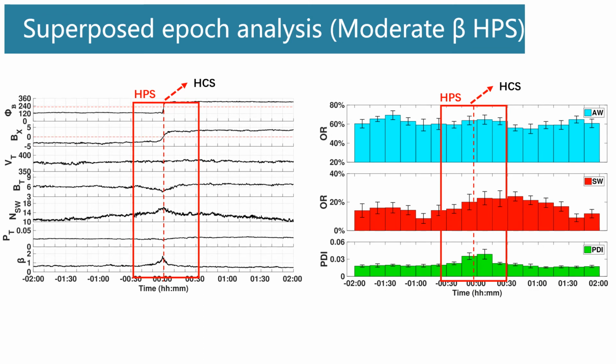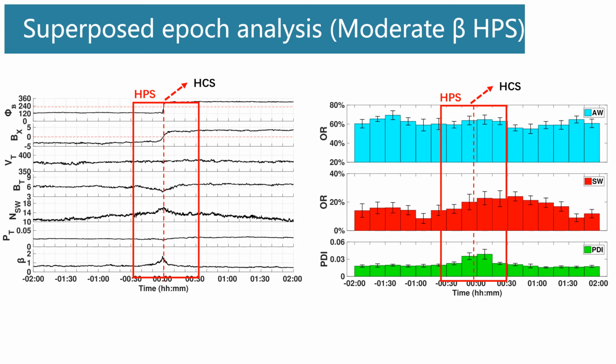For moderate beta HPS situation, it's clear that the occurrence rate of Alfvén waves remains nearly stable in spite of small irregular fluctuations. However, the occurrence rate of slow waves has a significant enhancement after the HCS crossing.